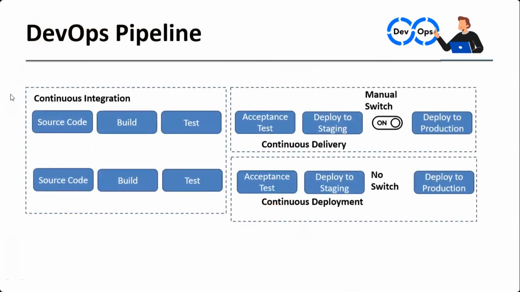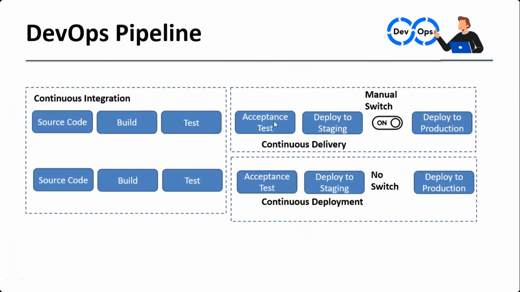And another part is the overall pipeline. DevOps has continuous integration, continuous delivery, and continuous deployment to automate the software development and deployment process. Continuous integration ensures that code changes are quickly tested as well as integrated.